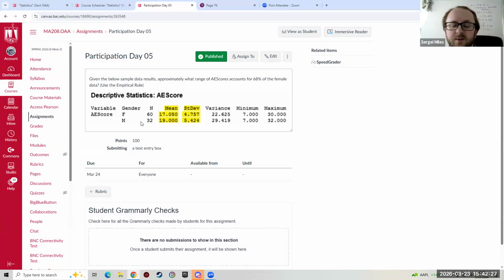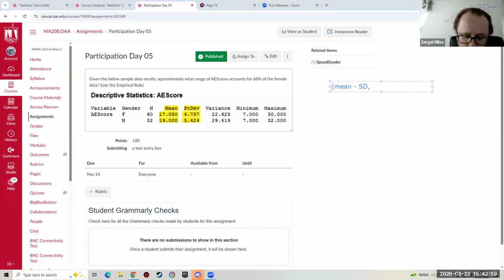This data is a printout from some sort of sample that had been collected, where we have these scores for women, these scores for men, the N, which is the sample size, how many women and how many men were in the data, the average score, and their standard deviation.